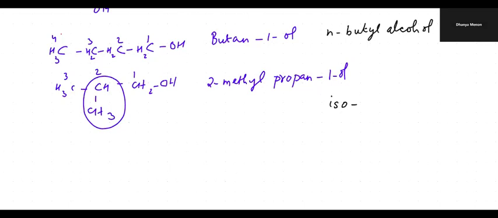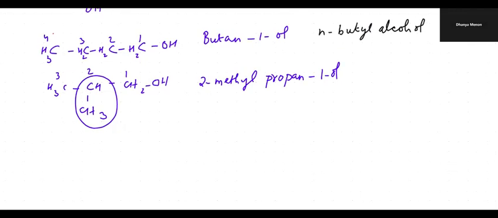In common name, we consider all the carbon atoms. Okay, in IUPAC name, we consider the numbered carbon atoms. So in this case, we consider all the 4 carbon atoms. And the branching is from the second carbon atom. So it is isobutyl alcohol, because there are 4 carbon atoms.